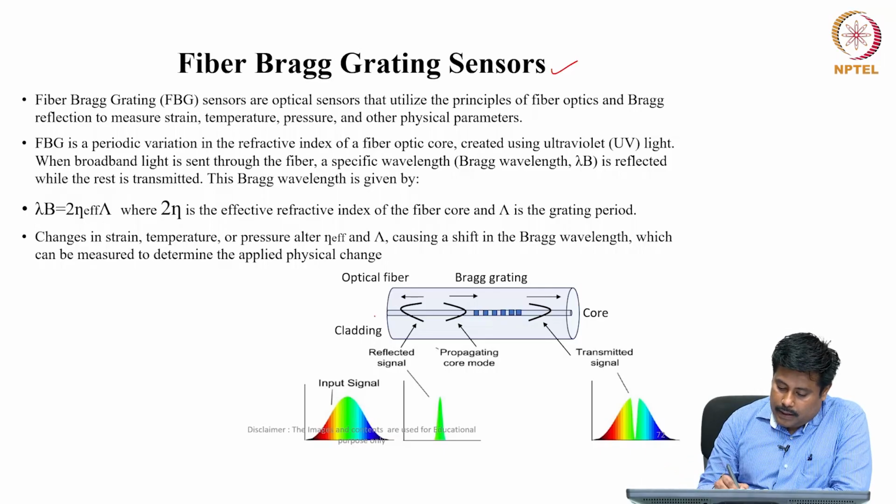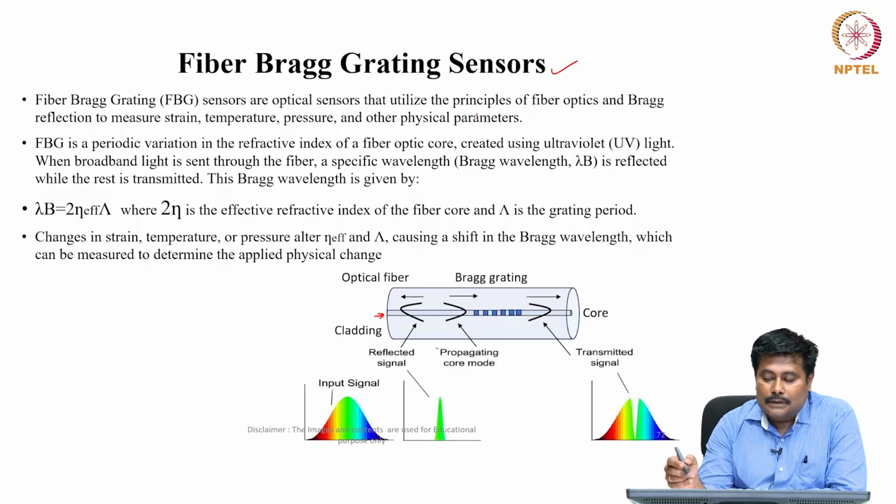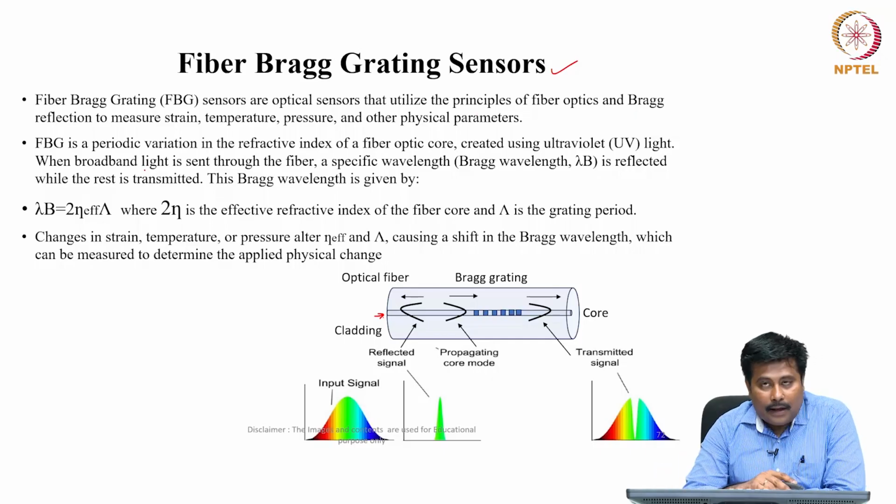Light is incident on it, and there is a reflected signal, a propagating core signal and a transmitted signal. These Bragg grating sensors are optical sensors that utilize the principle of fiber optics and Bragg reflection to measure strain, temperature, pressure and other physical parameters.